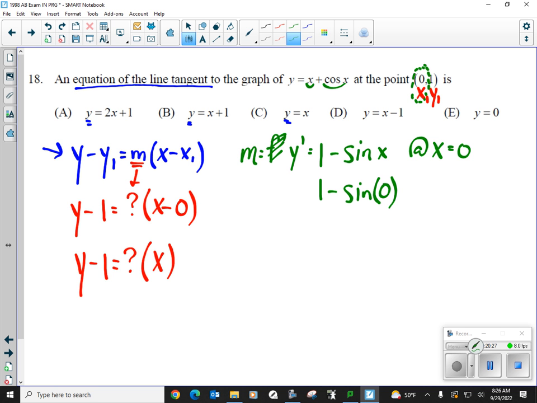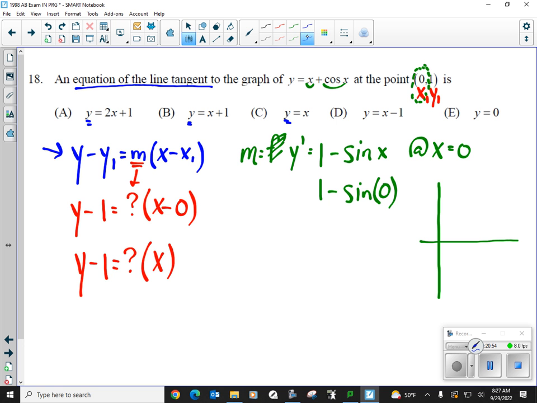I've said this before. You are going to need to know the sine and cosine of 0, 90, which is pi over 2 in radians, 180, which is pi, 270, which is 3 pi over 2, and 360, which is 2 pi. You're also going to need to know 30, 45, and 60, those special triangles. I like referring to the graph.